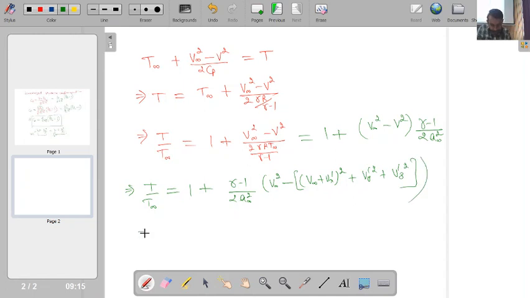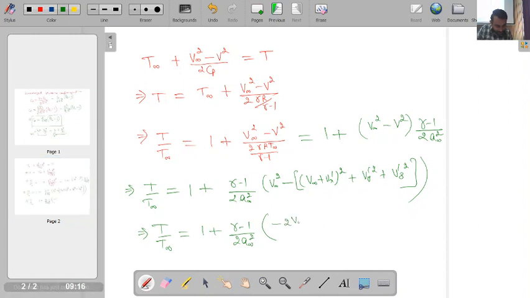So simply what I get from here is T by T infinity equal to 1 plus gamma minus 1 by 2 a infinity square into minus 2 V infinity vx dash, V infinity square will cancel, minus vx dash square minus vy dash square minus vz dash square. Okay, is this point clear?